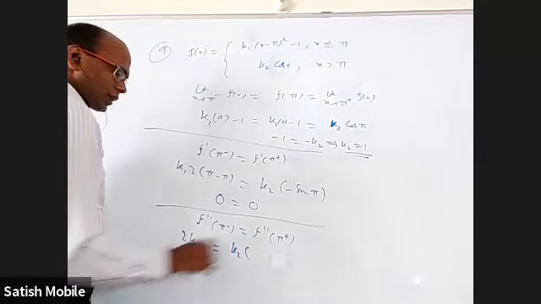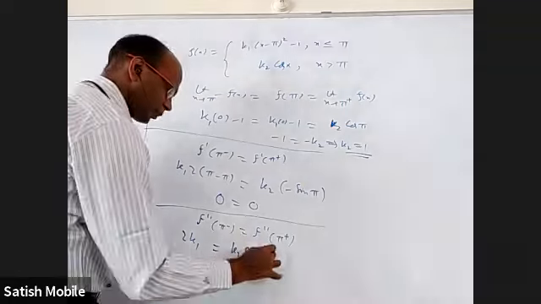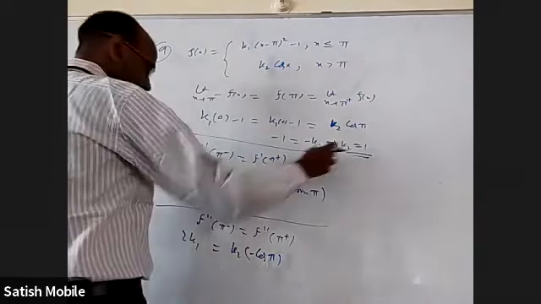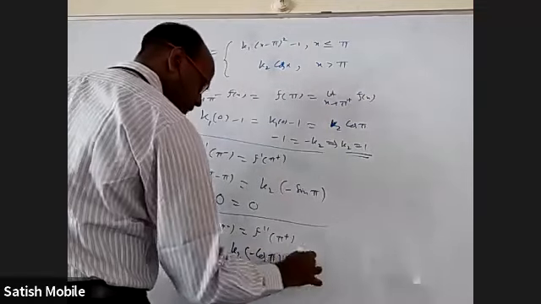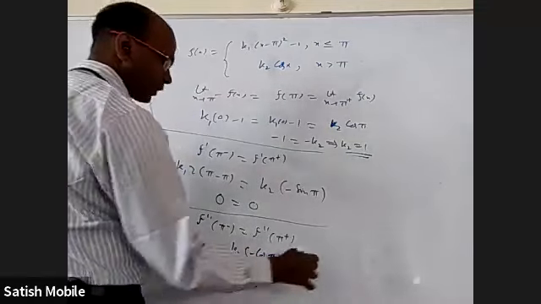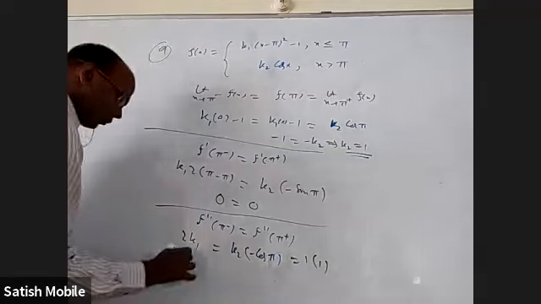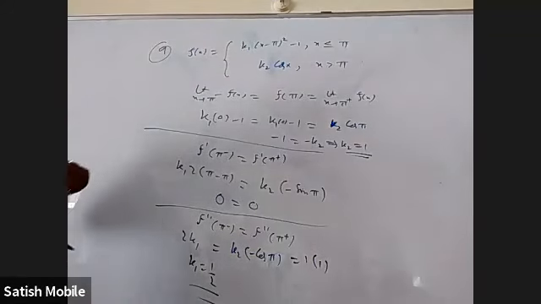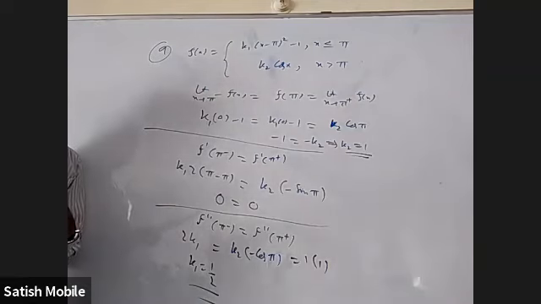Minus cos x at pi will be minus cos pi. But we already got k2 equal to 1, so we can substitute here. This is 1, cos pi is minus 1, minus of minus 1 is plus 1. So we got k1 equal to 1 by 2. So k2 is 1 and k1 is 1 by 2. Option B.